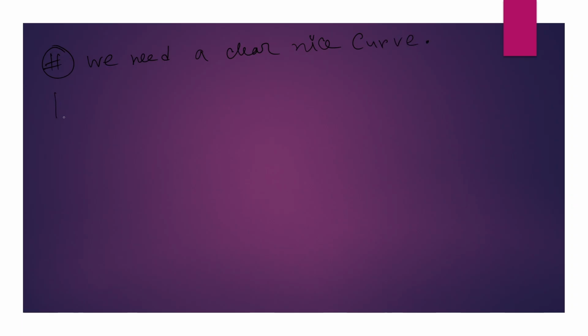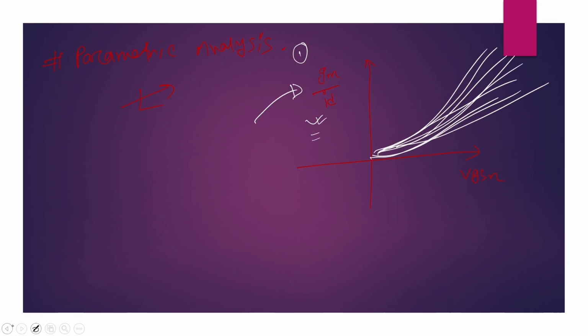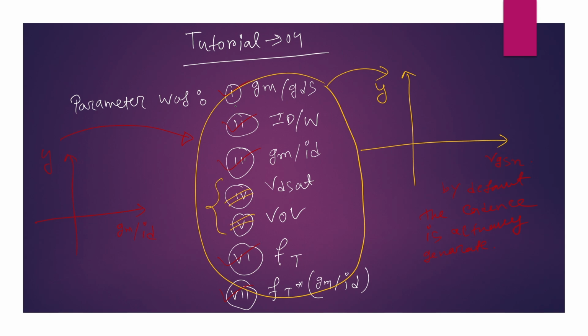For this reason, we will extract our parameters in such a way that is .dat file. We will generate the .dat file for all the parameters. All the parameters, we will generate that file for them.